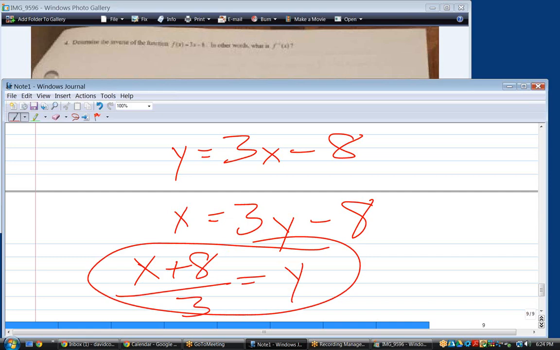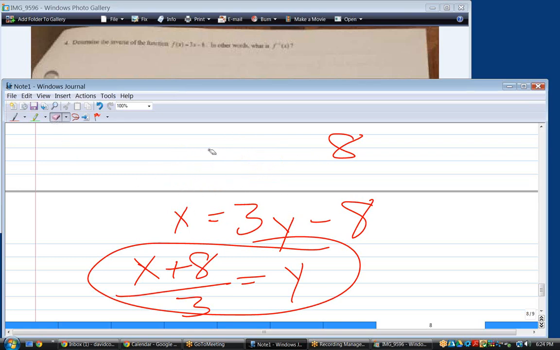It's very simple. And I could have done it the other way. I could have solved this for x, where x is equal to y plus 8 divided by 3, and then switch the variables. It doesn't matter which order you do them in.